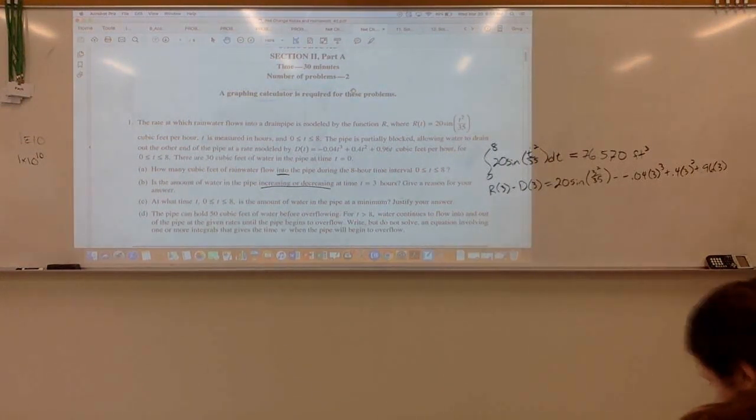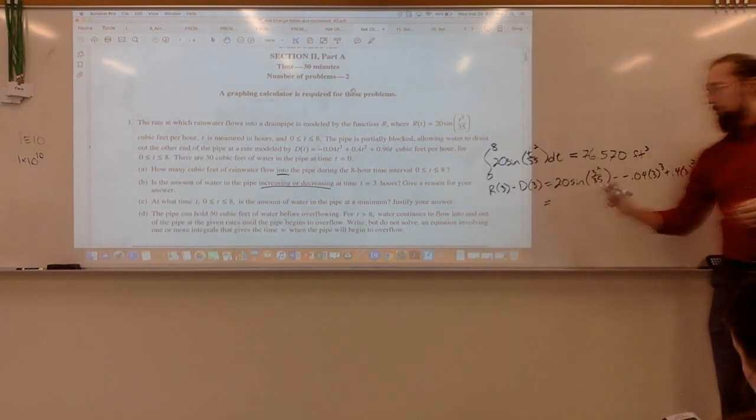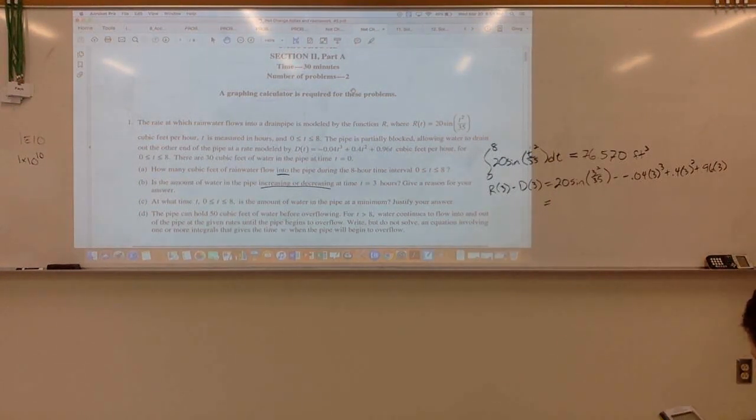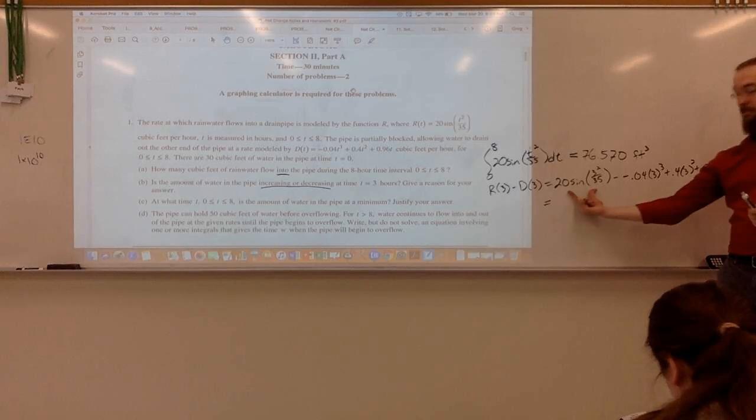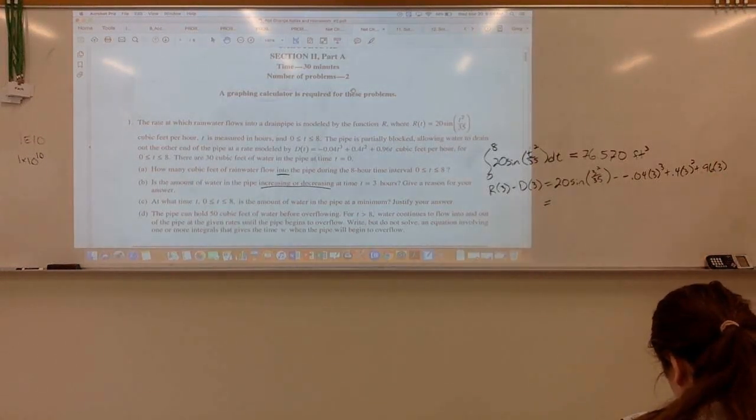So what do we get if we plug all that into the calculator? It's a positive number? But this could be a negative. So let's do it. Let's evaluate this.